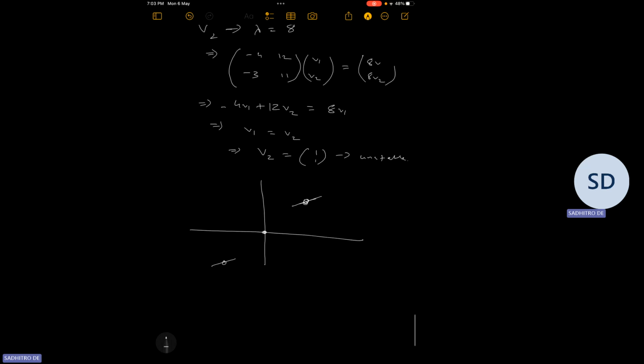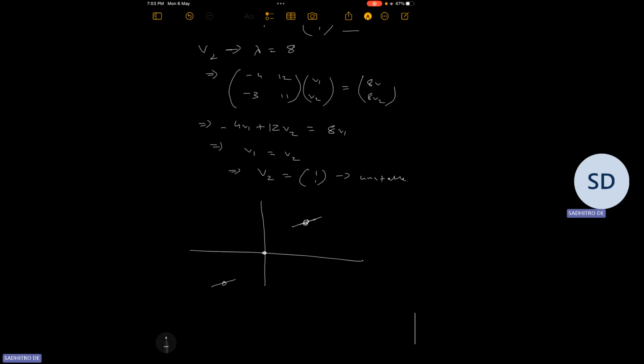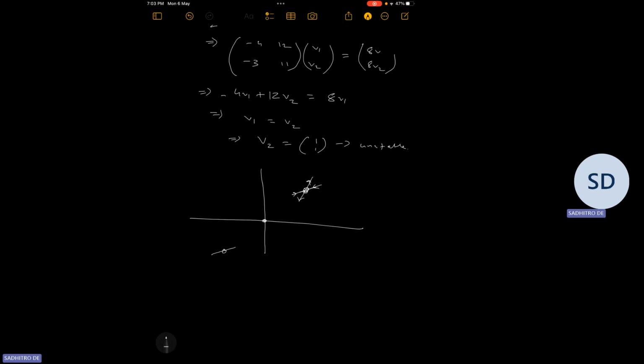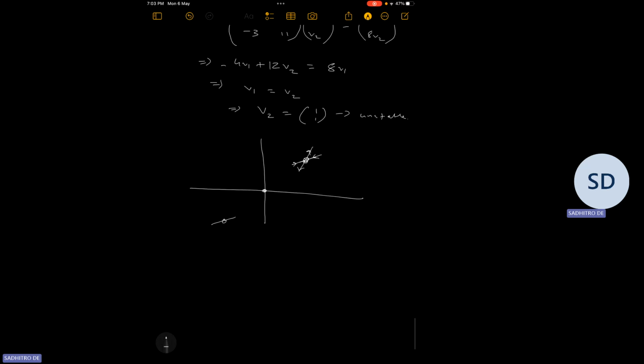So this is the stable eigendirection, and the unstable one basically corresponds to 1 comma 1. This is the unstable eigendirection. Here we do not draw the lines all the way to infinity because linearization applies only in the neighborhood of these fixed points.